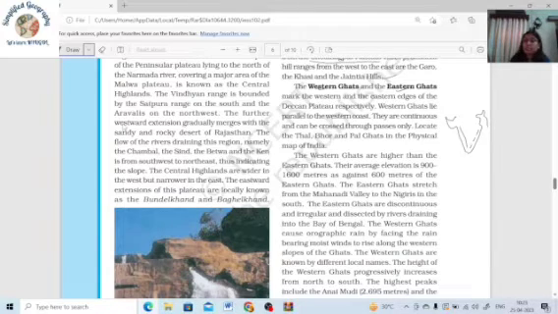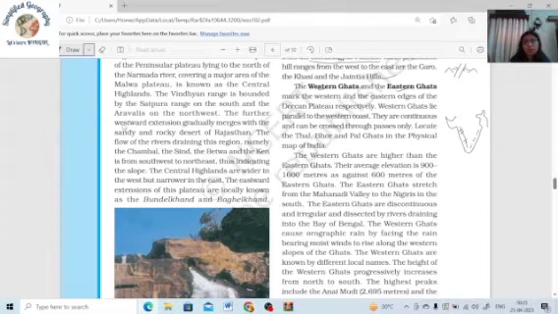As we see in a hill or mountainous region, from one mountain to another mountain you should cross a pass, or a pass interlinks two mountains. Similarly, here also these ghats can be crossed through passes.